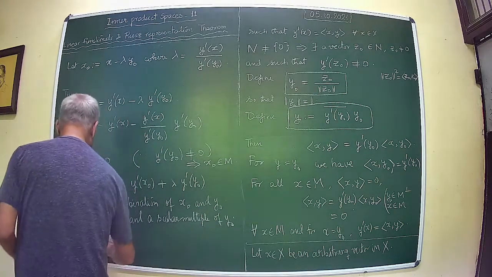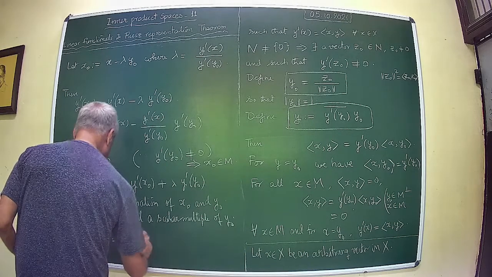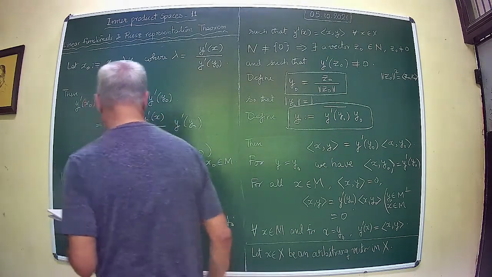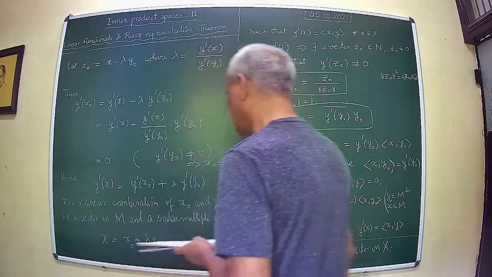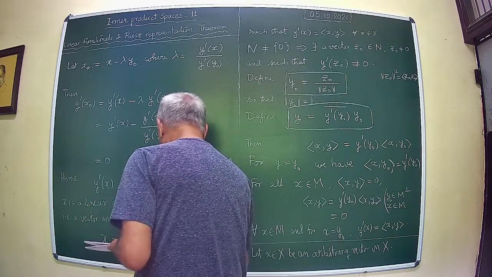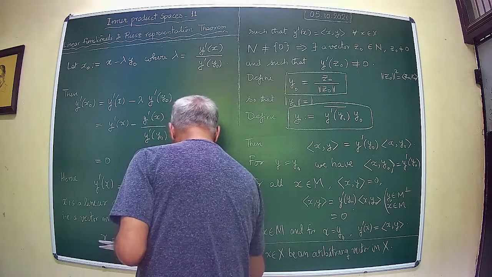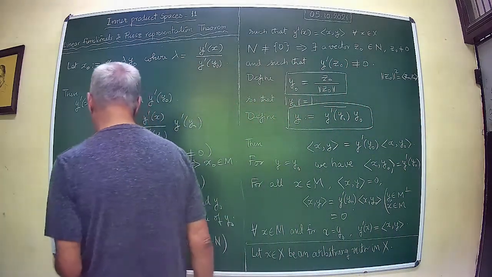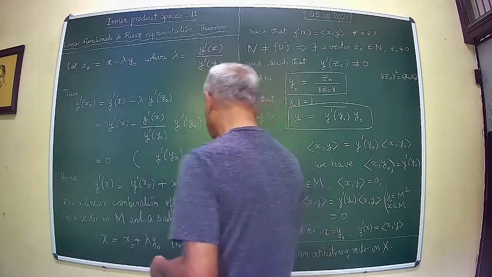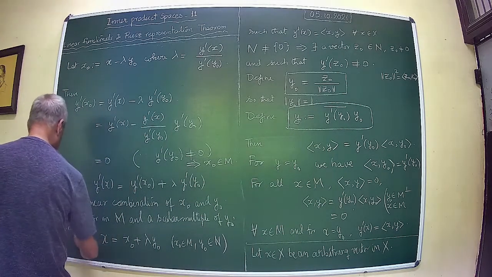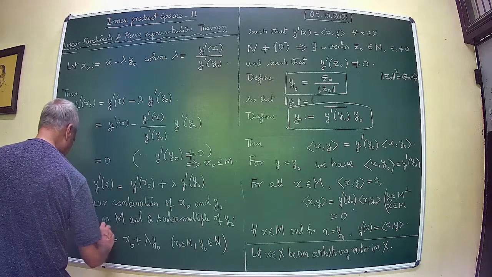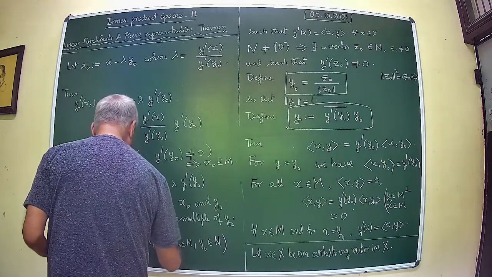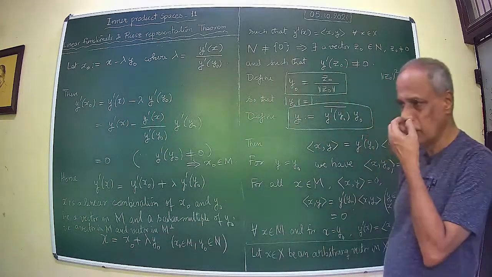So each x can be written as x naught plus, and you see that this is an orthogonal combination where x naught belongs to, that is a vector in M and a vector in N. Therefore, this is a sort of unique decomposition that you have.